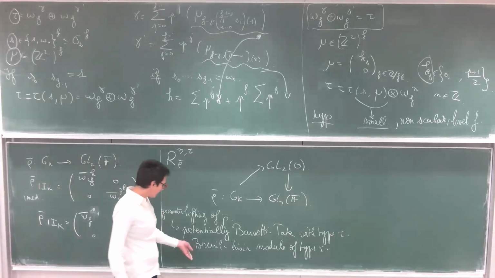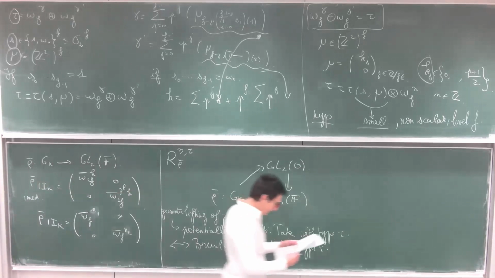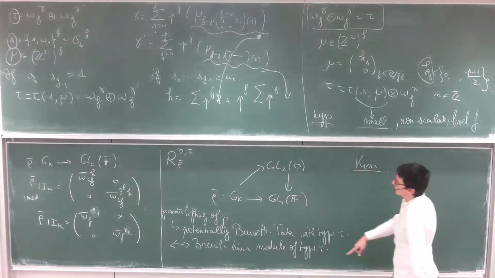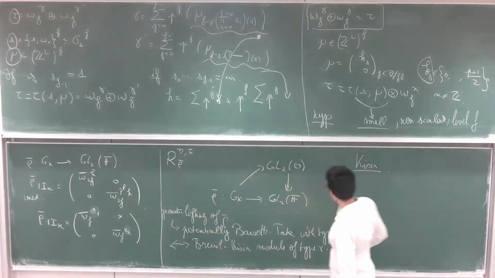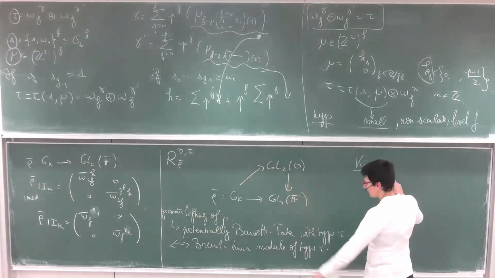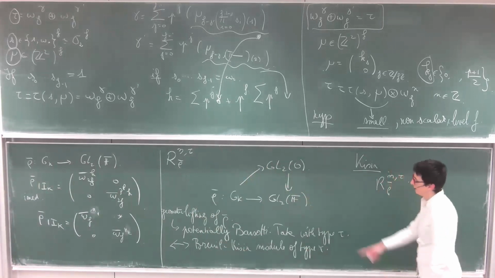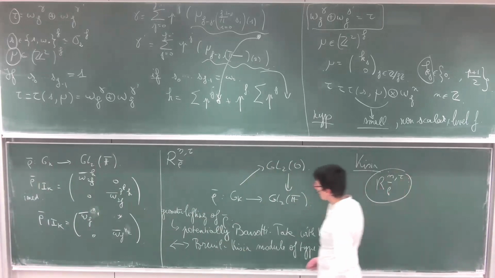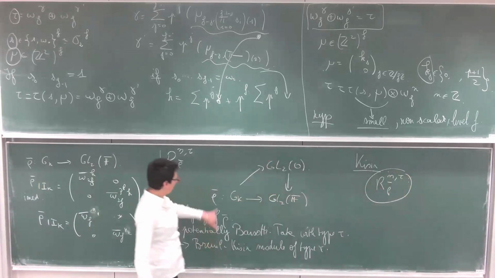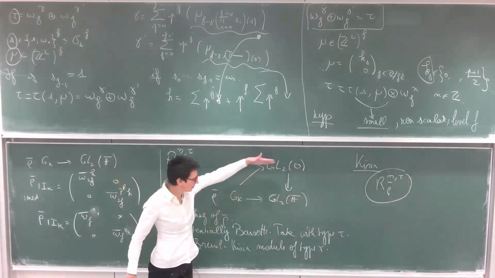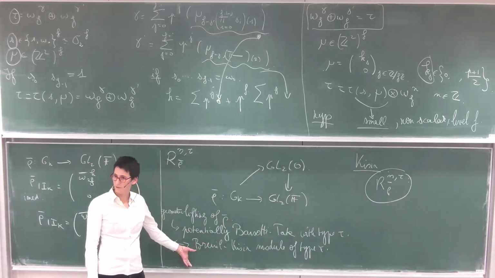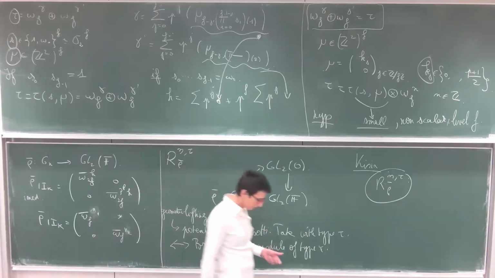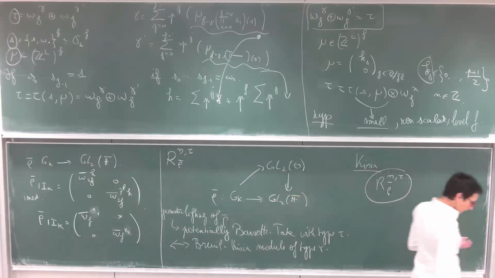So the main point here is that Kisin introduced this object, which is a deformation ring for this kind of geometric lifting. So this ring parameterizes all the lifting of rho bar with these nice properties that I didn't define yet. Okay, so we are interested with this kind of lifting of rho bar.